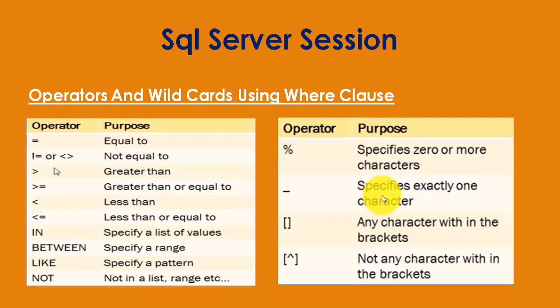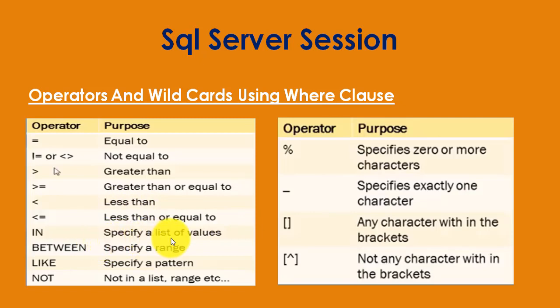Here are a few operators and wildcards which we discussed in the practical implementation of the WHERE clause in a select statement. Here are the operators and their purposes. Equal to, not equal to, where the angle brackets can be used for not equal to, greater than, greater than or equal to, and less than or equal to.